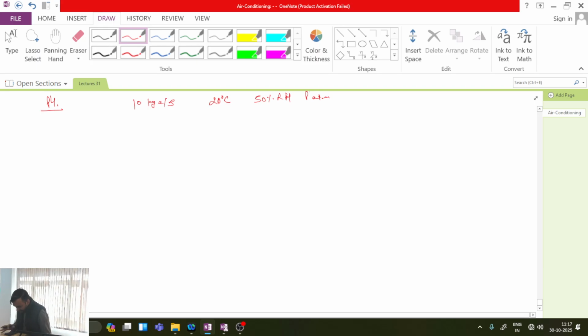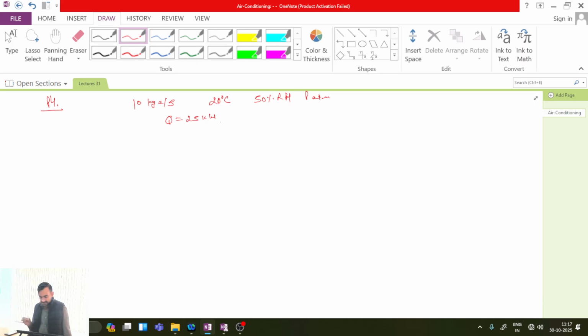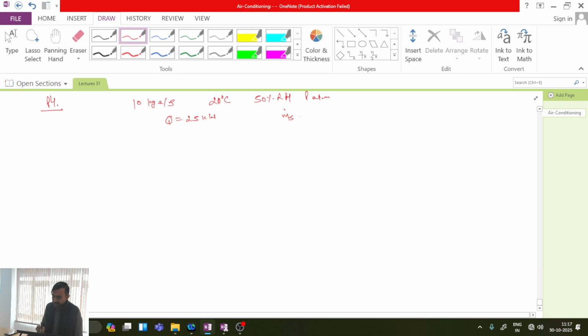And it is heated by a heater of 25 kilowatt capacity, so we are adding heat at the rate of 25 kilowatt, and steam we are adding at the rate of 0.1 kg per second, at 100 degrees Celsius.